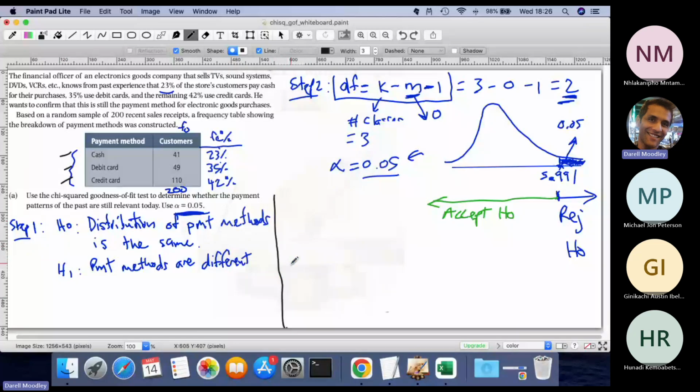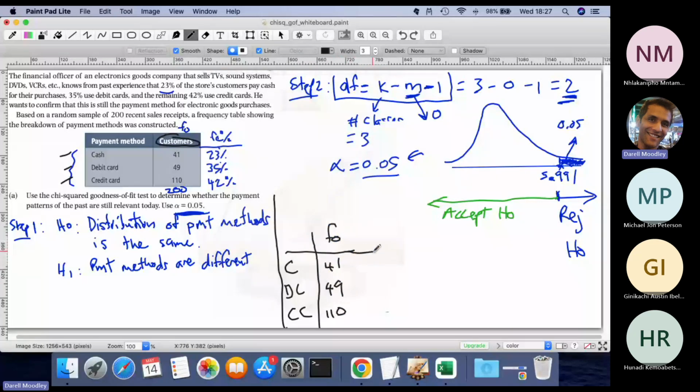I'm just going to write C for cash, DC for debit card, and CC for credit card. Just know I'm writing short form. In our first column is what's given to us in this table, and that's our F0, the observed frequency. So we got 41 for cash, 49 for debit card, and 110 for credit card, and that's our F0.